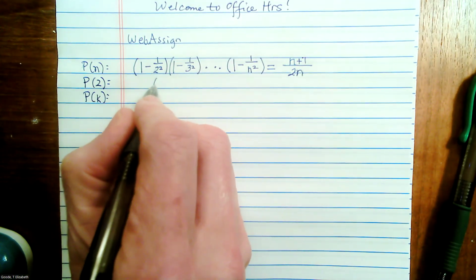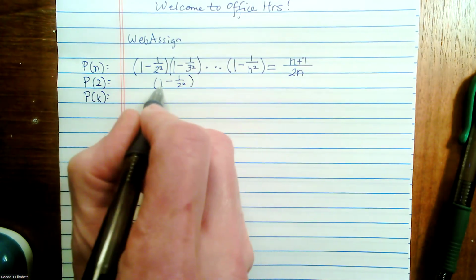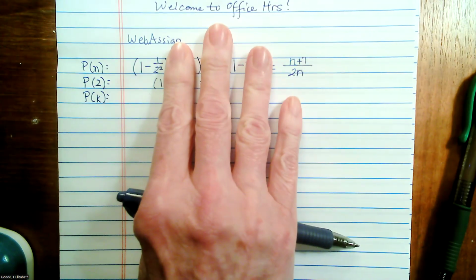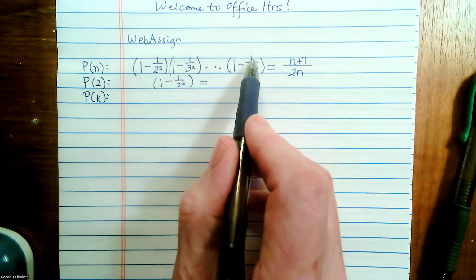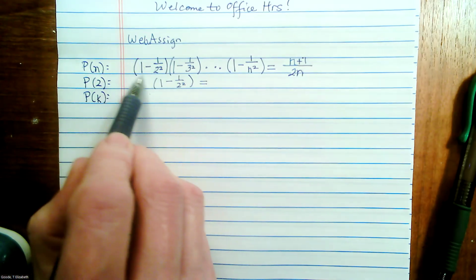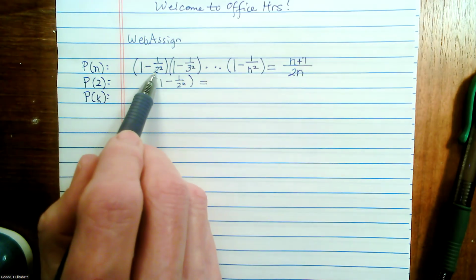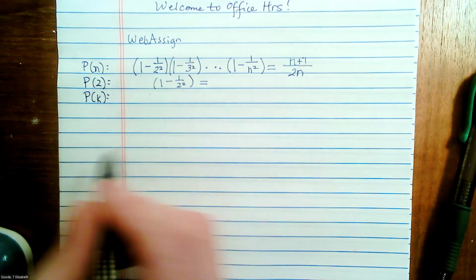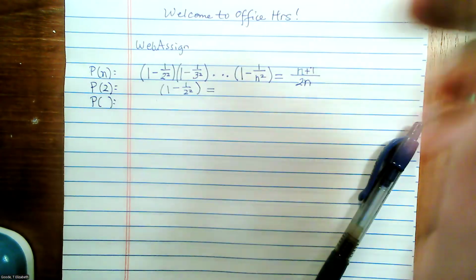So on the left-hand side, it's 1 minus 1 over 2 squared. That's the left-hand side of P of 2. It only has that single factor because the factors go up to 1 minus 1 over n squared. But if n is just 2, we're just going to take this very first factor. It might be helpful if we look at P of 3 too, even though they don't ask us to.